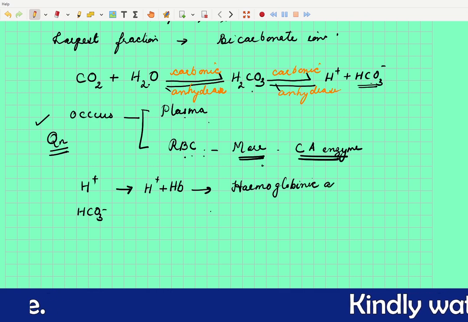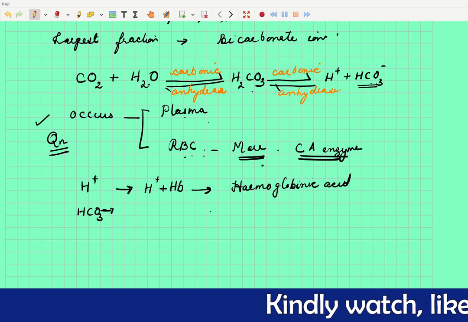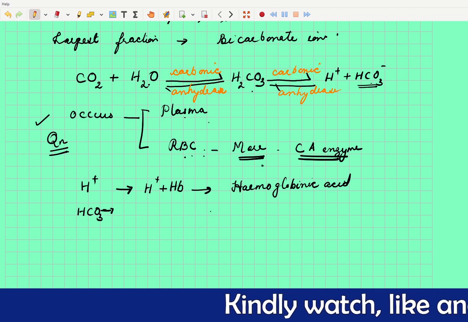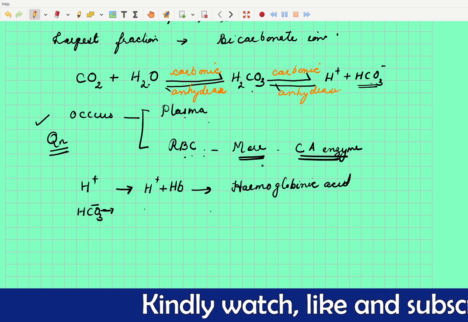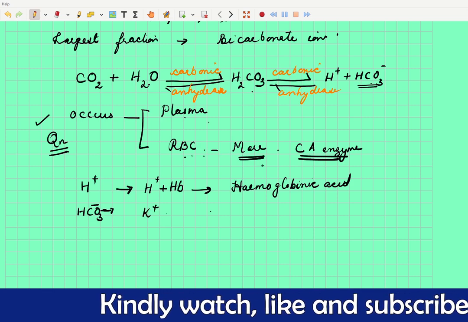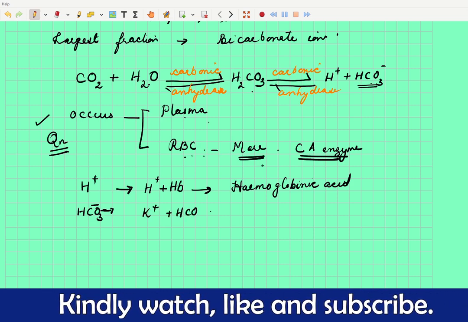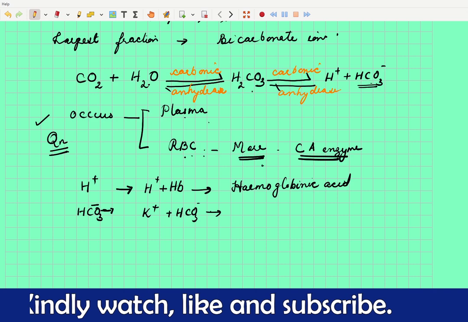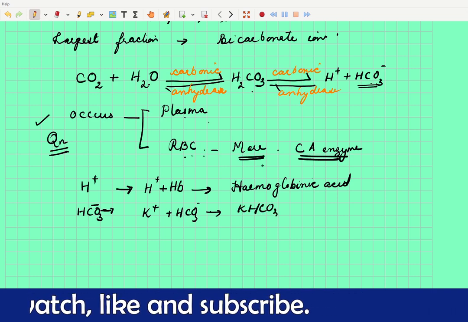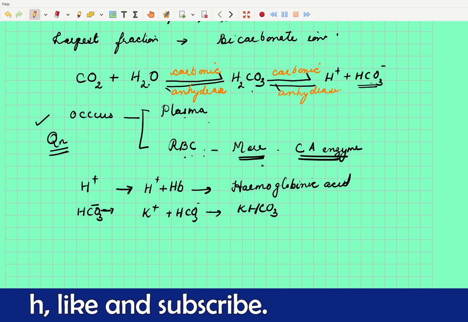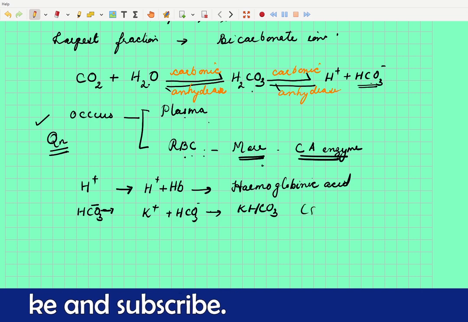Similarly, some amount of HCO3 minus ions combine with the K plus ions, potassium ions, to form potassium bicarbonate. But that is only a small amount.